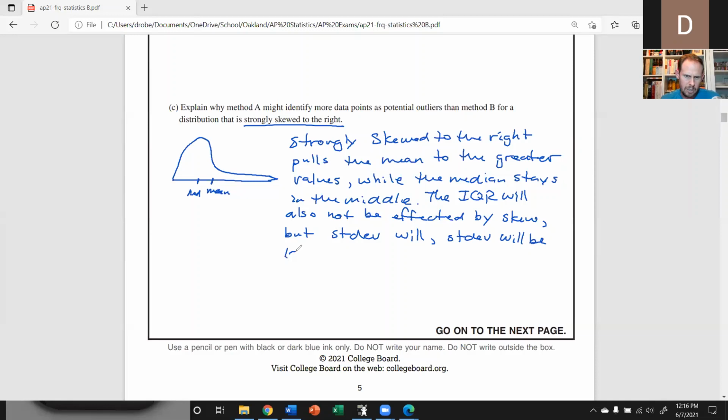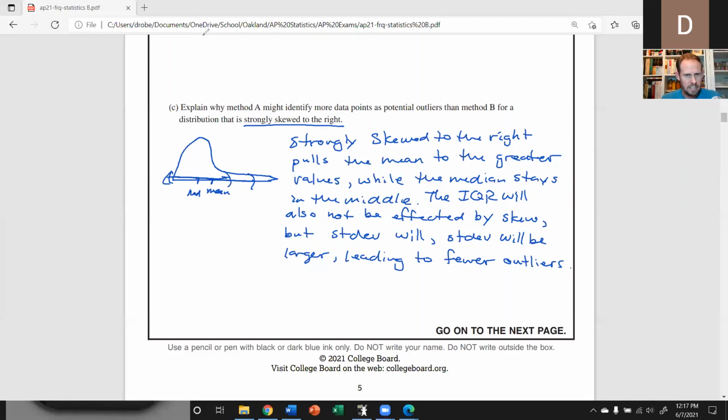Standard deviation will be larger, leading to fewer outliers. Right, because we'll be going a longer distance up than if we do it like the 2 with this, and then 1.5 IQR with that was like there and there. All right, so that's kind of the idea.